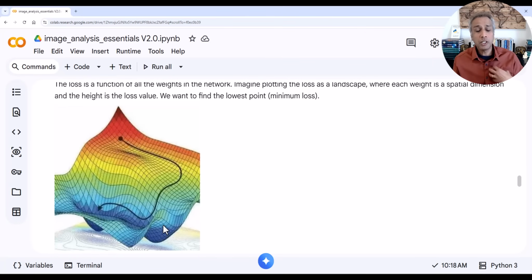We are trying to minimize the loss function, which means you don't want to be at this high point. You want to find the deepest point right there, preferably the deepest of all, not a shallow dip. You don't want to end up right there. That looks like it's converging, but you want to find the true global minimum.